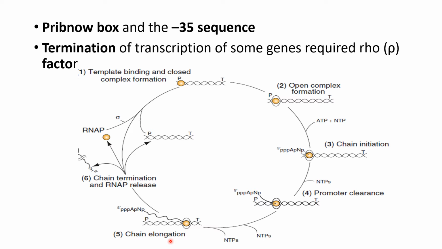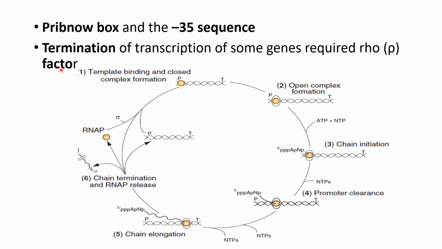When it reaches the termination region, it enters the termination phase, which may be rho dependent. Rho is a protein which is used to separate the RNA from the DNA template. Or it may be rho independent. Here a stem and loop structure or hairpin structure is formed, as I have already discussed, and by these structures the DNA strand is separated. This is the transcriptional cycle in prokaryotes.